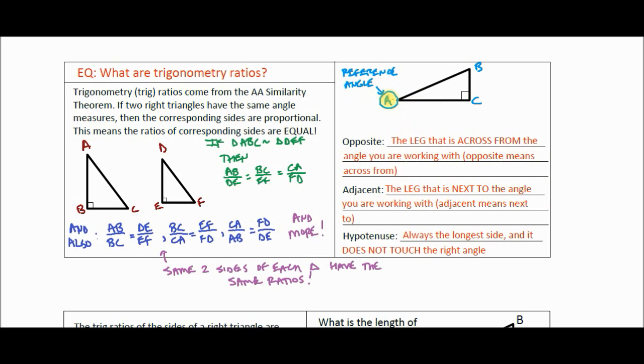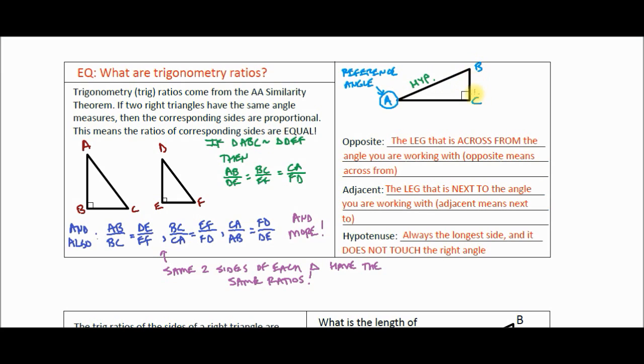All right, if A is the reference angle, well, I can tell you right now, the hypotenuse never changes. It doesn't matter what the reference angle is. This side right here is always the hypotenuse because that is the longest side and it's the only side that doesn't touch the right angle. But side BC and side AC, those depend on the reference angle.